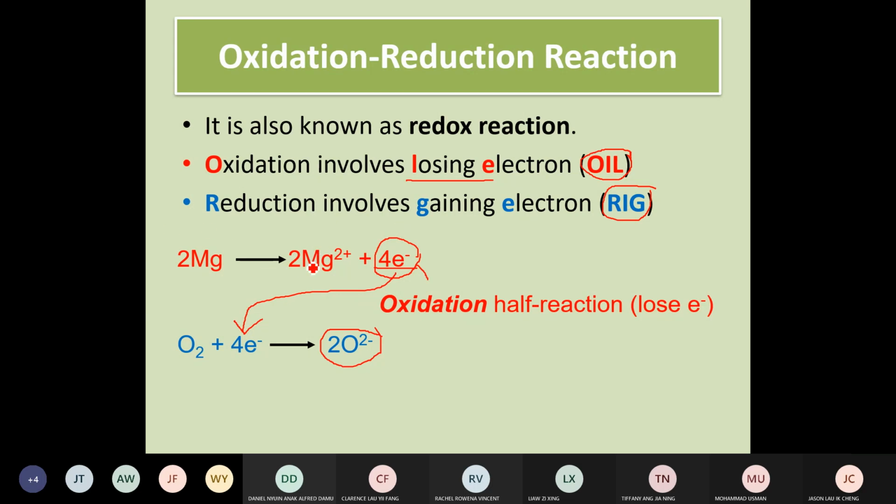But since we are here already, let me remind you of another thing. When there is oxidation, there should be a reduction as well. But there are 2 other terms, oxidizing agent and reducing agent. Where oxidation is happening, it is these 4 electrons, right?